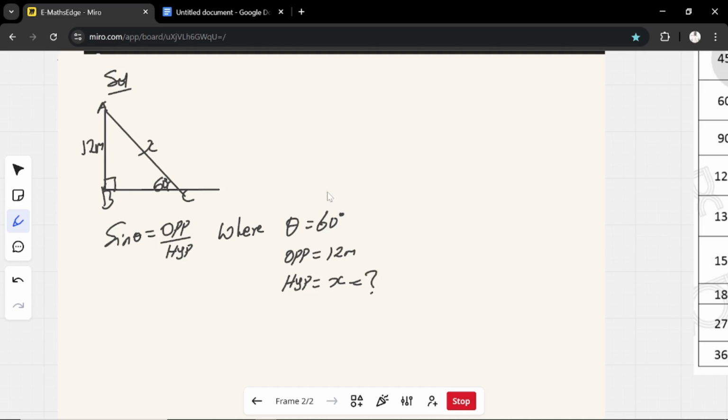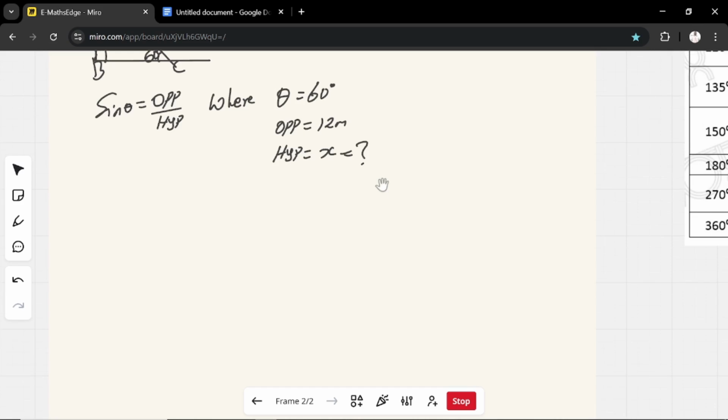So having this data available, the next thing to do is to substitute these data into the formula so that we can further simplify to obtain a single value for x.